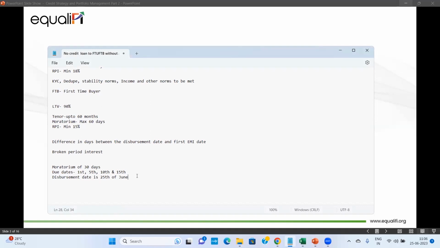But I don't have a due date on 25th, right? These are my due date cycles. 1st of August, right? So my first EMI date, because I have to anyhow give a 30 days moratorium, is 1st of August, right?